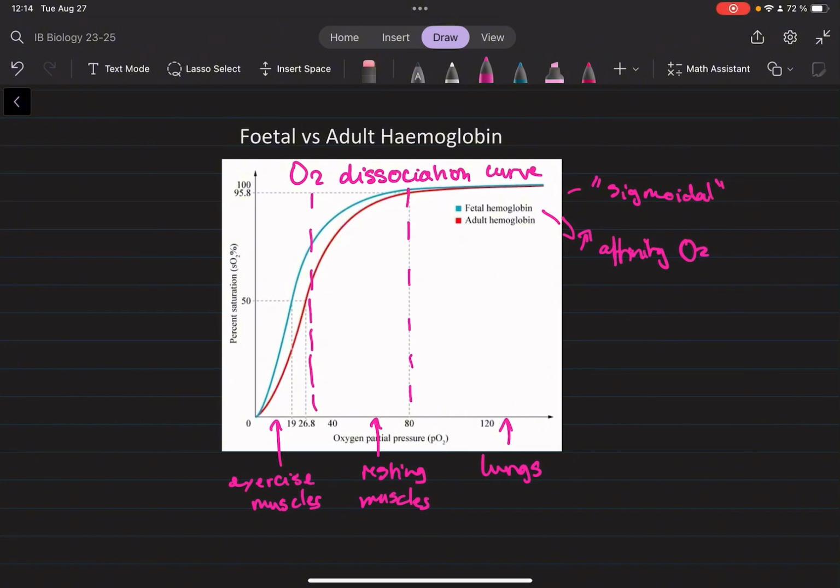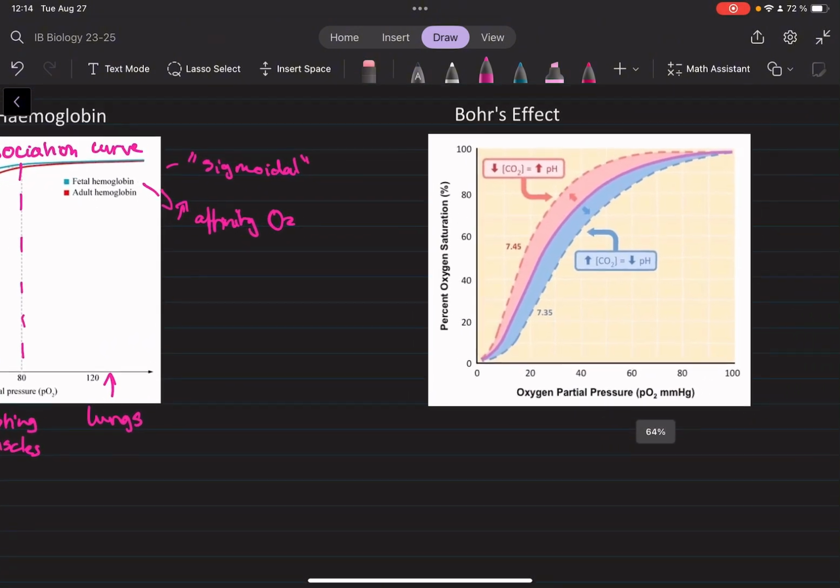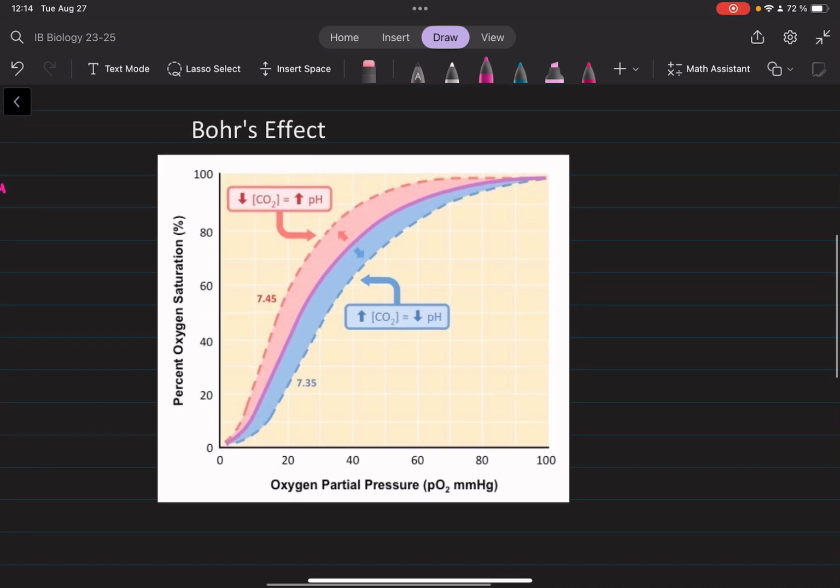Now, there's one last factor that affects hemoglobin's affinity, and that is carbon dioxide. So, what carbon dioxide does to the blood, as is shown here, it decreases the pH in the blood, so it makes it more acidic.